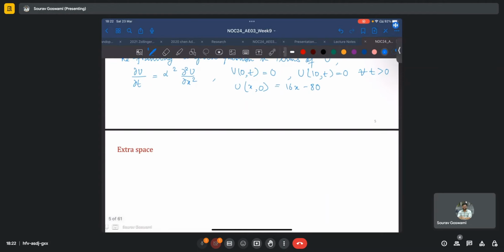So again, applying separation of variables. And it better work this time because we did this exercise to reduce the original problem to a separation of variables formulation.